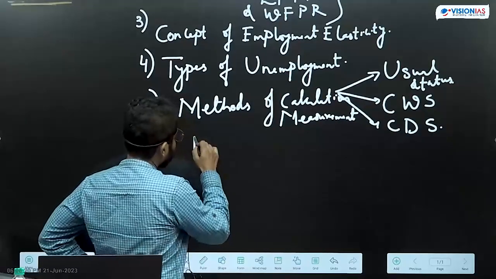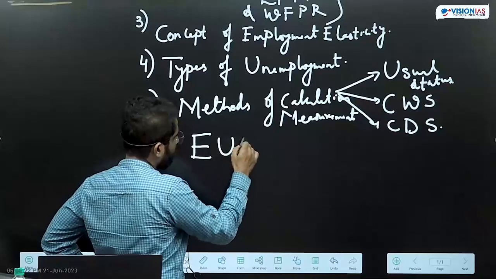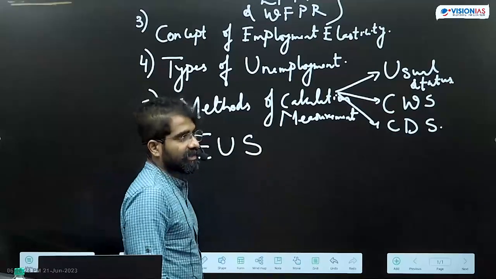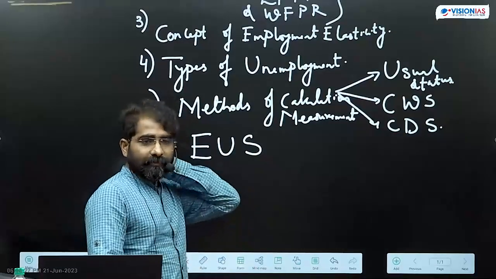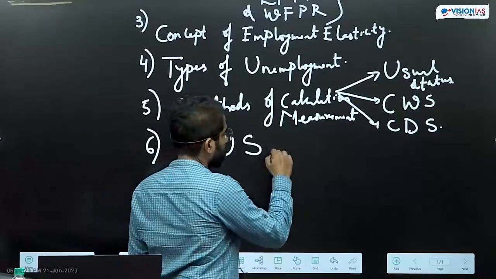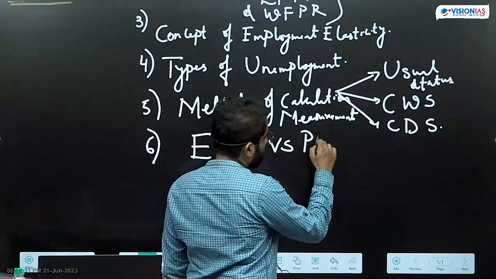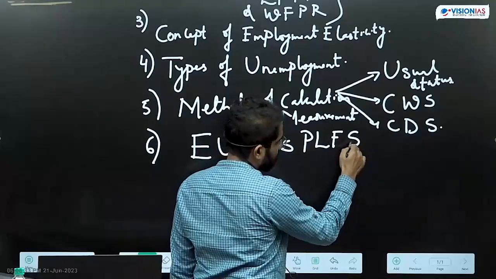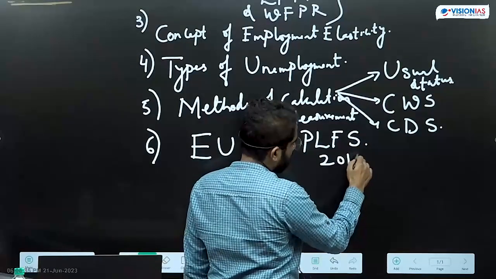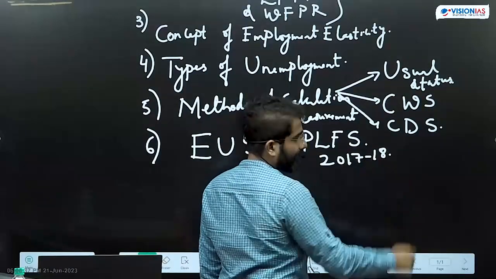Then the difference between the employment unemployment survey, called the EUS, versus the periodic labor force survey. This is a new survey which came up in 2017-18.